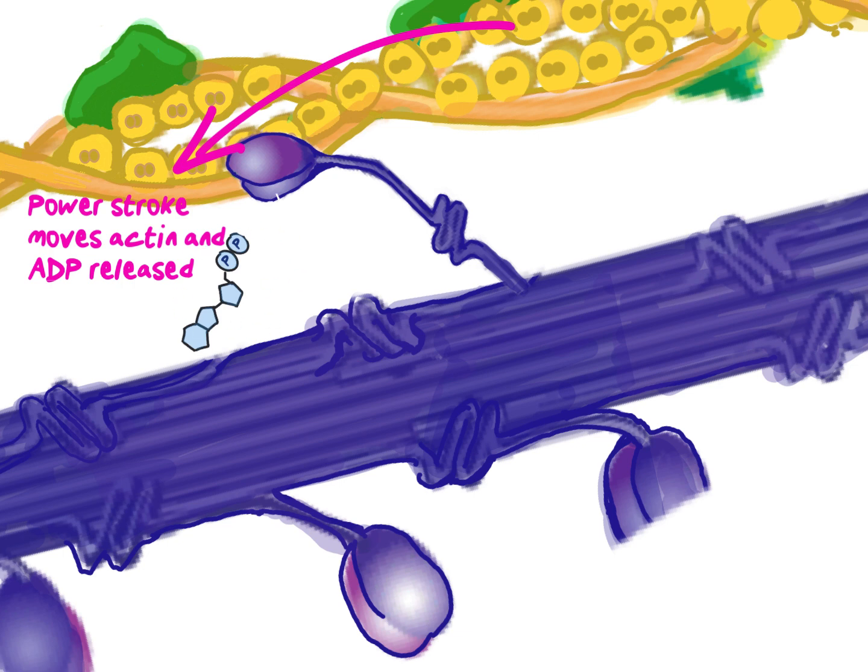Now the cycle continues. So I will move back to the idea of ATP rebinding, the myosin head releasing from the actin again, and moving back into the cocked position. So this is muscle contraction: the actin filament moves forward, and the energy from the ATP within the cocked position of the myosin head does that power stroke forward.